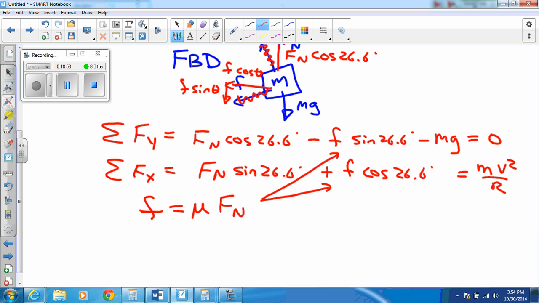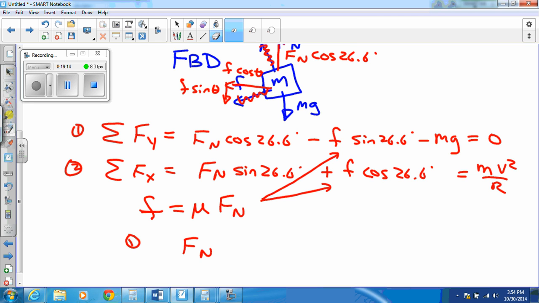The other thing I realize is that cosine of 26.6 degrees is just a number. It happens to be 0.894. And so is sine of 26.6 degrees. It's just a number, 0.447. And I'm going to substitute into there. So let's do all of that. Equation number 1, equation number 2.